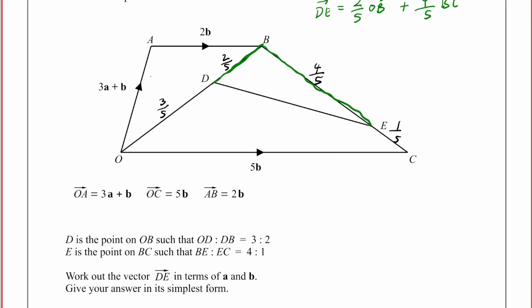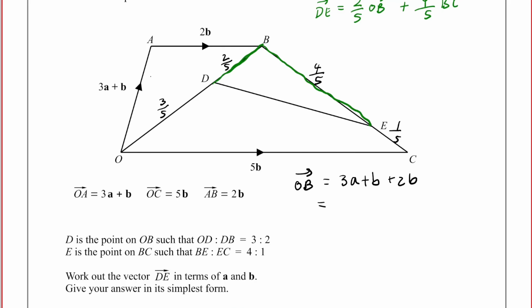So O to B is going to be O to A plus A to B. So 3A plus B plus 2B. So we go up and along.